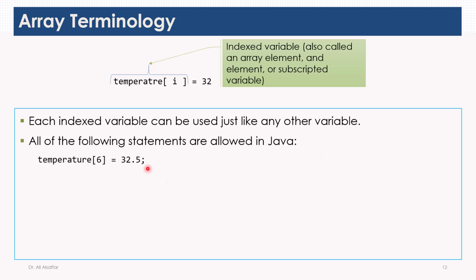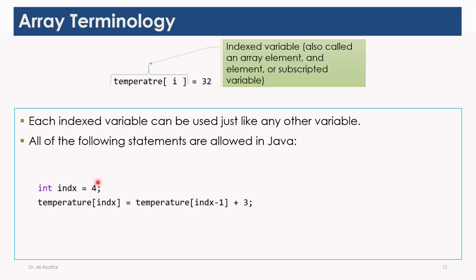For some examples of statements that are allowed in Java to refer to index variables, we can assign single values to indexed variables. Also, we can print index variables using a print statement.